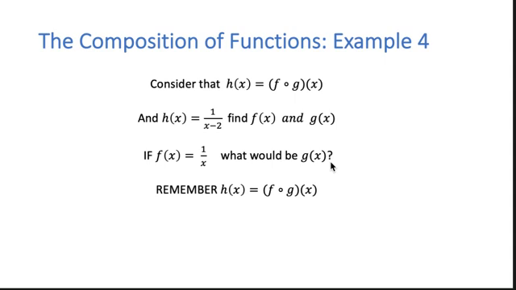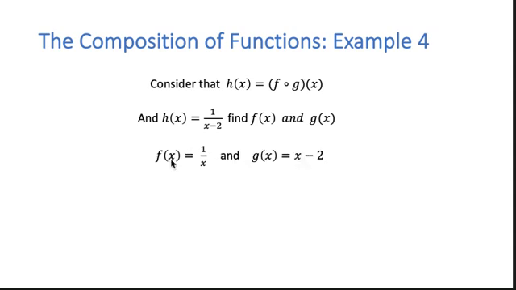Think about that. Did you guess x minus 2? I hope so. So f of x is equal to 1 over x, and g of x is equal to x minus 2. That's not the only way that you can do this, but that's one way that works.